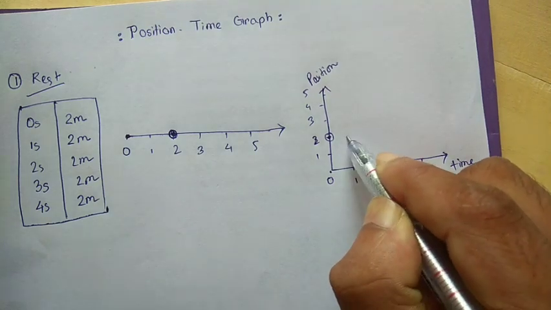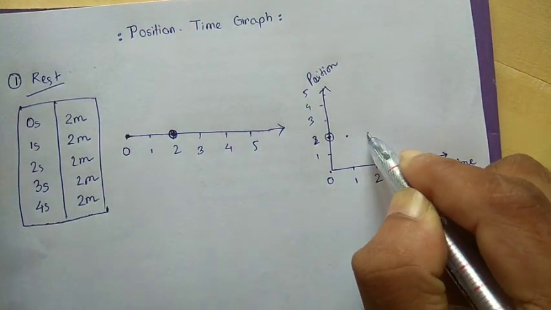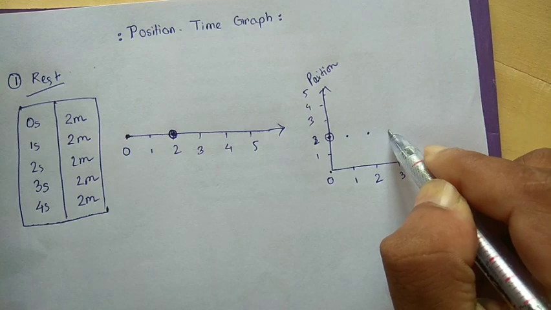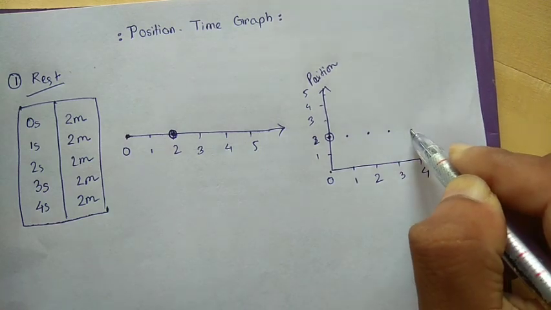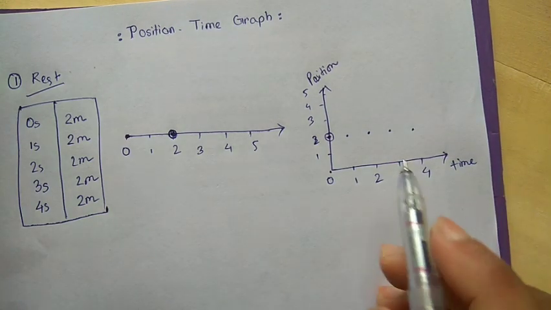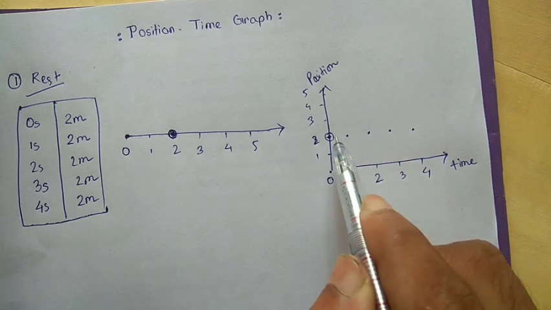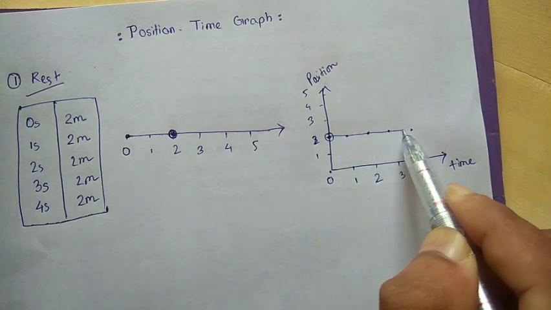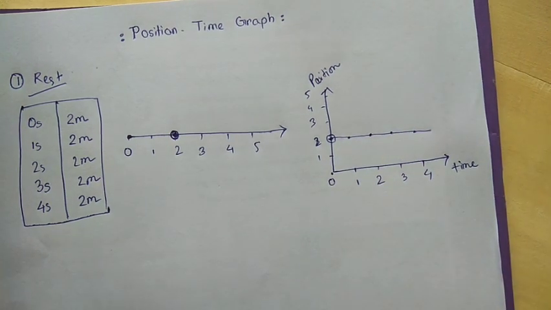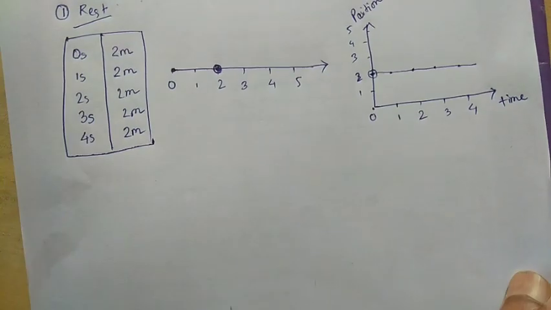In 1 second it is at 2 meter. In 2 seconds it is at 2 meter. In 3 seconds it is at 2 meter. In 4 seconds it is at 2 meter. And if we connect all the dots, then we will get a straight line like this, right? We will get a horizontal line.